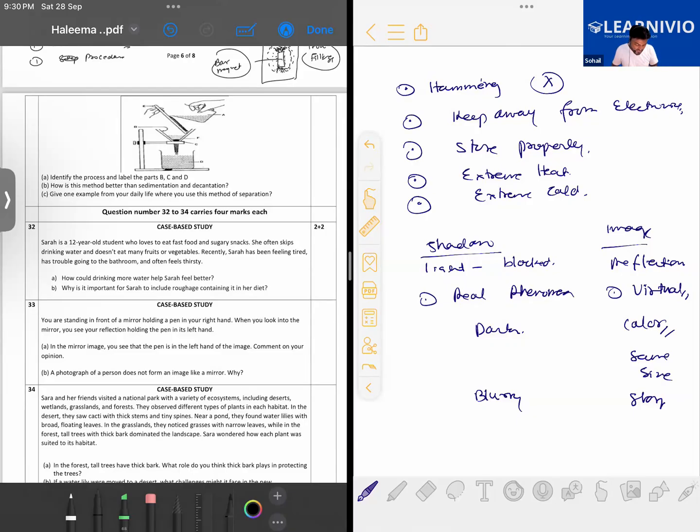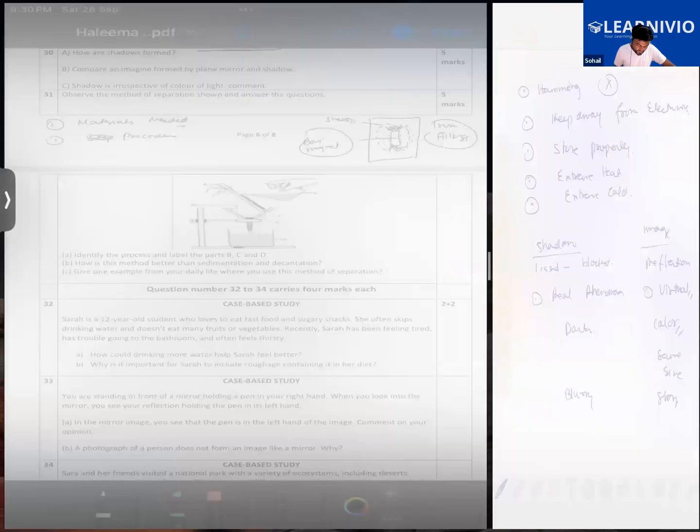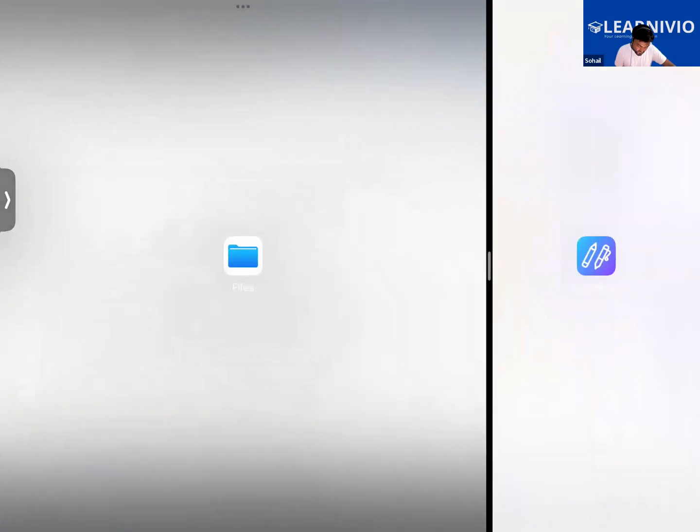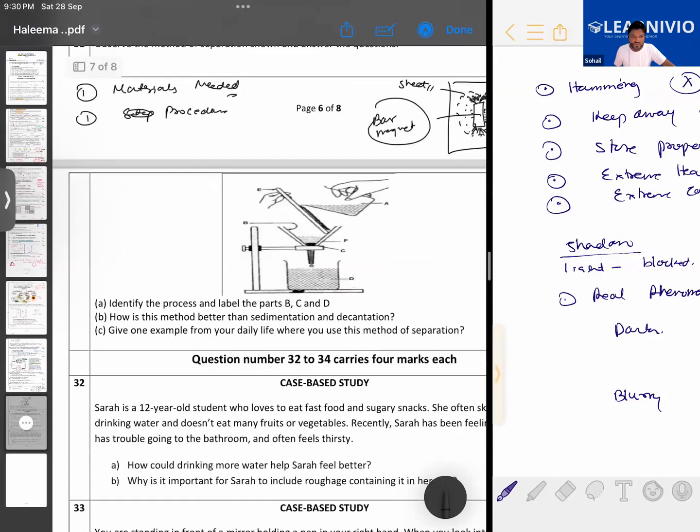Identify the process and label the parts B, C, and D. The process is distillation. Is it distillation? How is it distillation? No, it's not distillation. It's filtration. Filtration is going on. The process is filtration.